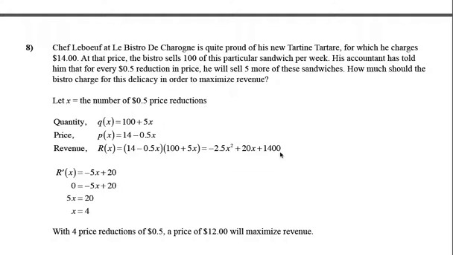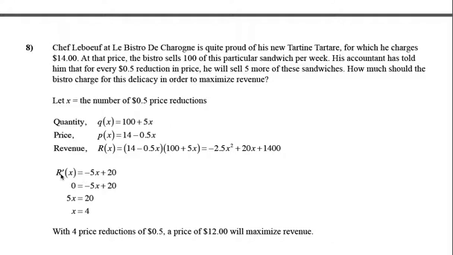Now, to maximize that function, we take the first derivative, and using the power rule, 2 times negative 2.5 is negative 5, and this constant differentiates away, and the first degree linear term 20x just differentiates to 20.